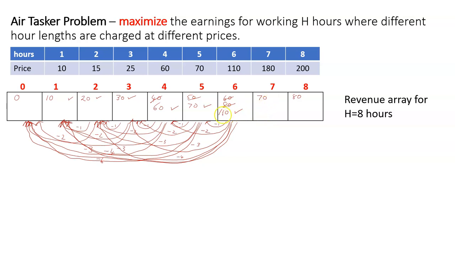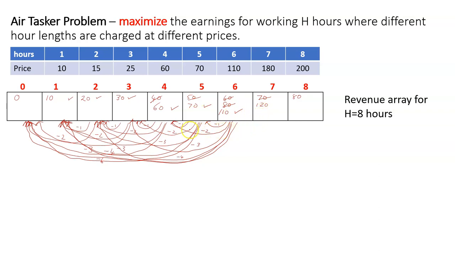Go back 1 hour, add a 1 hour job to 110. That's going to be 120, which is a much better value than 70. Go back 2 hours, add a 2 hour job to 70, which is 70 plus 15. That's 85, no improvement.